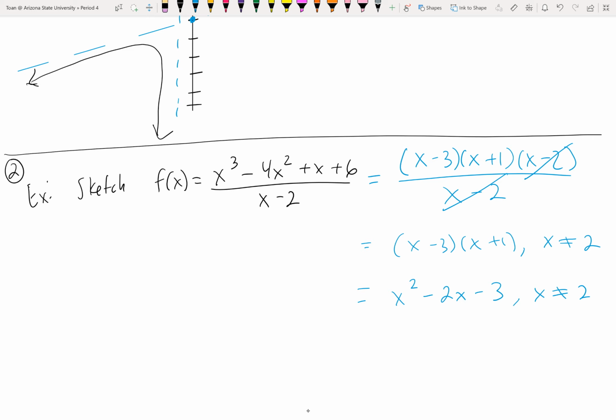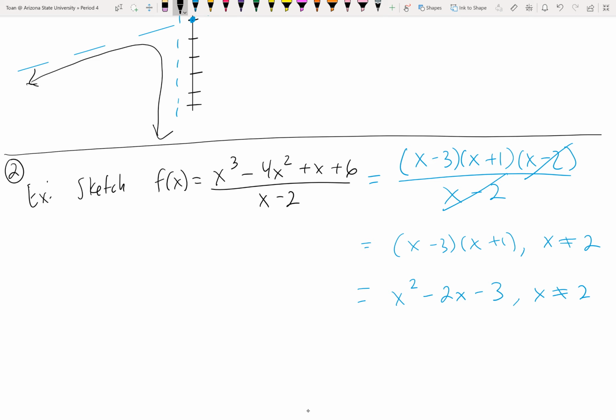This is the idea. Domain restriction produces what are known as removable discontinuities. That's just a $5 word of saying it produces holes in your graph. That's it. That's the only difference. So to graph functions that have cancelization, just graph the equation like normal, but you have to remember to put in the holes wherever the original domain restriction was.